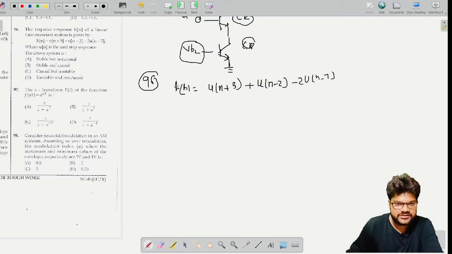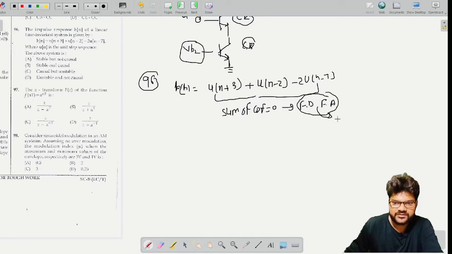So if this impulse response is represented in terms of step signals, and if the sum of coefficients is 0, then we say this is finite duration, finite amplitude. If this is finite duration, finite amplitude, this will be absolutely summable, okay.